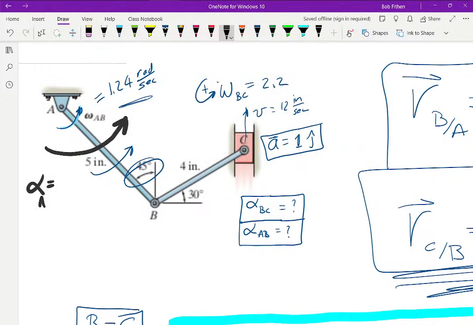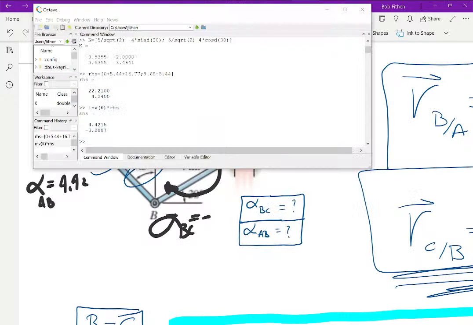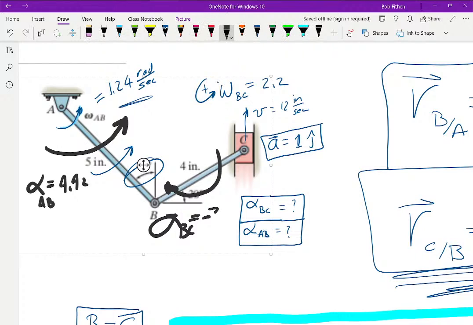What does that mean on this other one? That means it's not going this way, it's going that way. Or you could say decelerating, and it's minus: alpha BC minus 3.3.